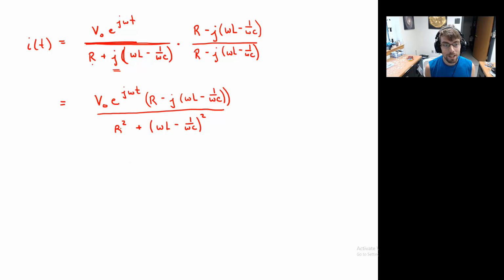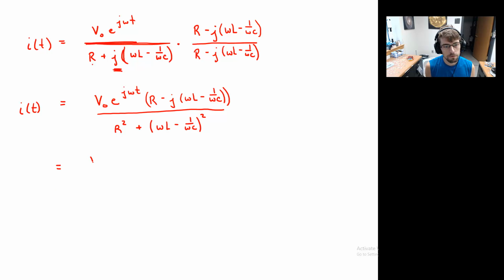Okay. And what do we have in the numerator? Well, there it is. Now, having gotten rid of the j in the denominator, our last step is to expand e to the j omega t, get the imaginary terms by themselves, and throw them out. So what do we have?